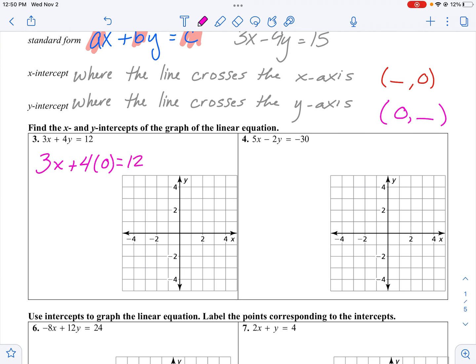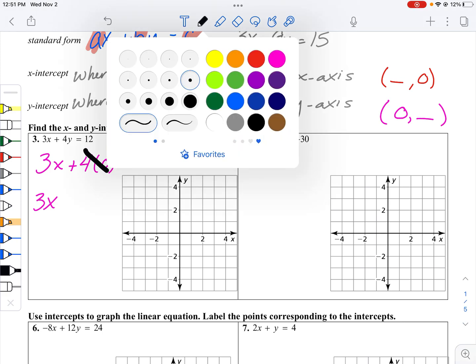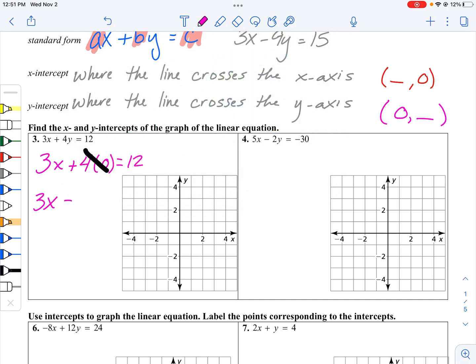And I can simplify. 3x, 4 times 0 is 0, so I really don't need that anymore. 3x equals 12. And I can solve by dividing by 3. x equals 4. So my ordered pair, x was 4, and I set y equal to 0.